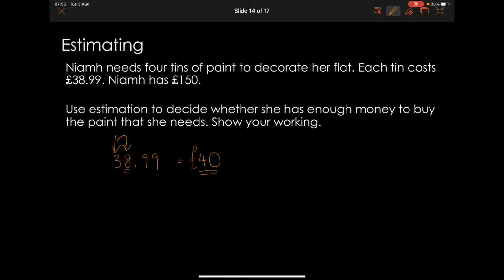So we'll just round that up to £40. So £40 per tin, estimated. She needs 4 tins. Yeah, 4 tins. So 40 times 4. Well, 4 times 4 is 16. Add the 0 on is £160. So no, she doesn't have enough.